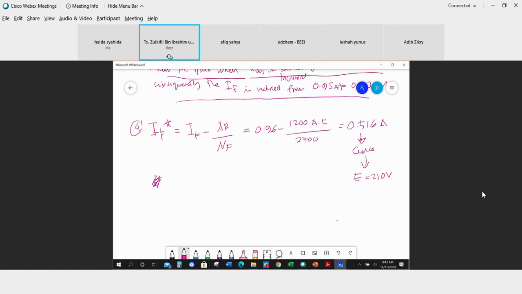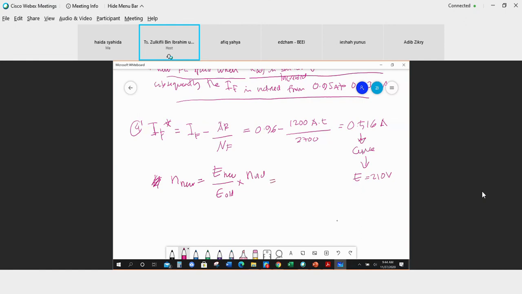So your N new is equals to E new bagi dengan E old times dengan N old.